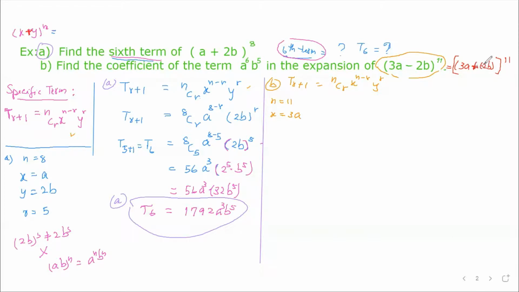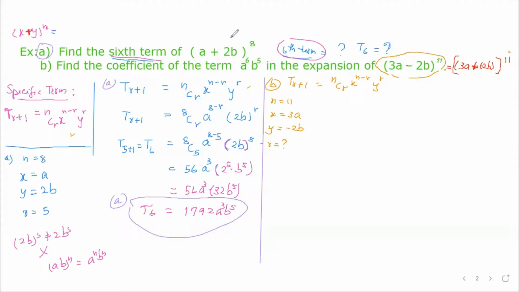Don't forget the minus inside. So n is 11, x is 3a, then y equals negative 2b. Right now r is unknown, we don't know yet.